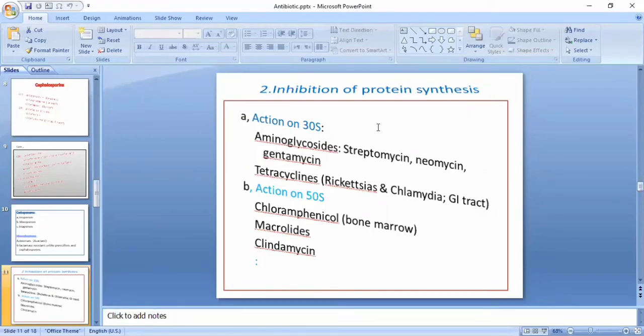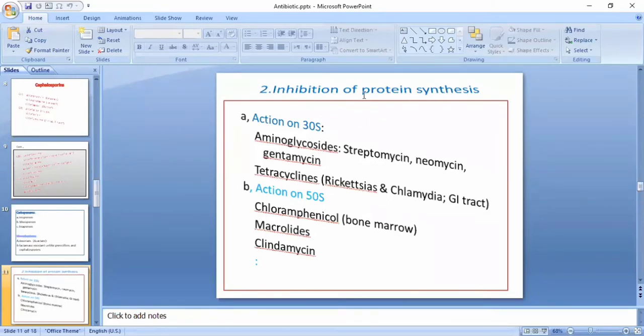First was the inhibition of cell wall synthesis, and the second mode of action of the antibiotics is the inhibition of protein synthesis.